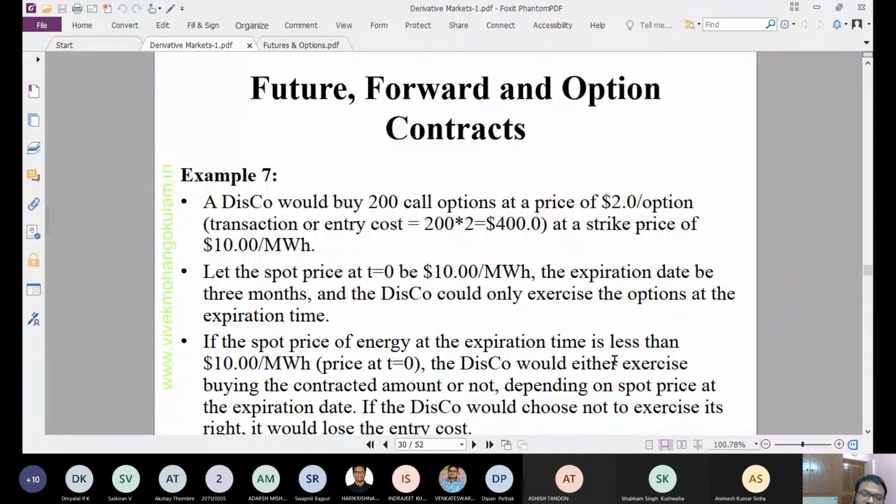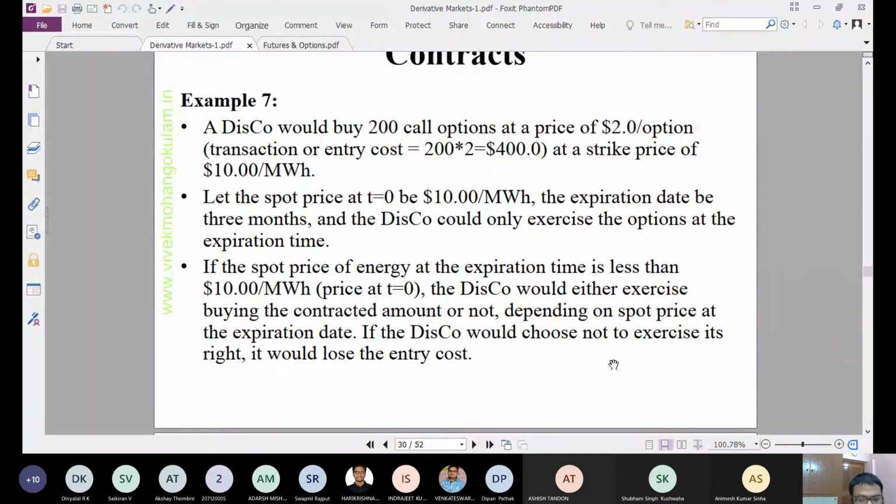Now, if the spot price of energy at the expiration time is less than $10 per megawatt hour, then the DISCO would either exercise buying the contracted amount or not, depending on the spot price at the expiration date. So what is his option now, whether he will exercise it or not?